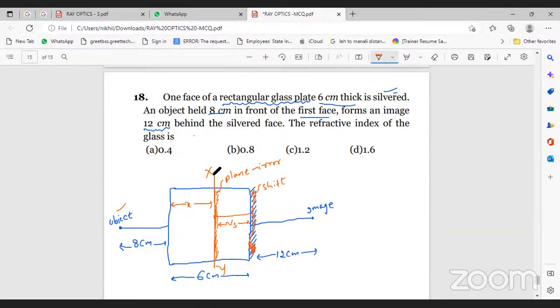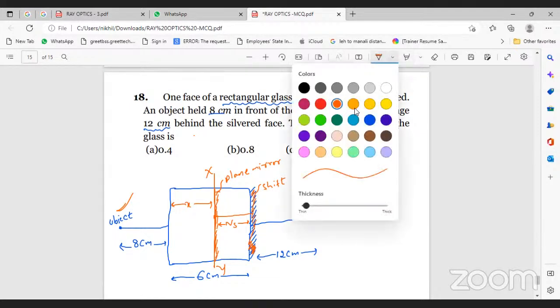So that shifted surface will be XY. XY will act like a plane mirror for the object, because the mirror will not be at the same position for the object. The mirror gets shifted because of the normal shift. That is the logic behind this.